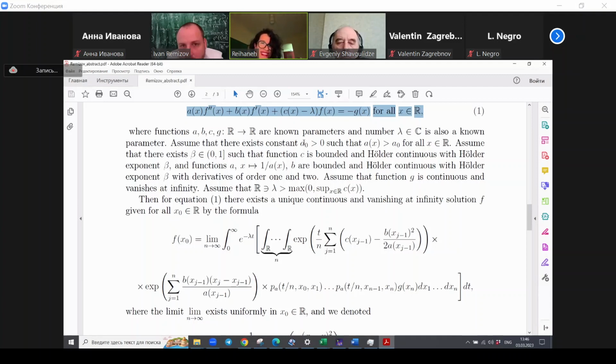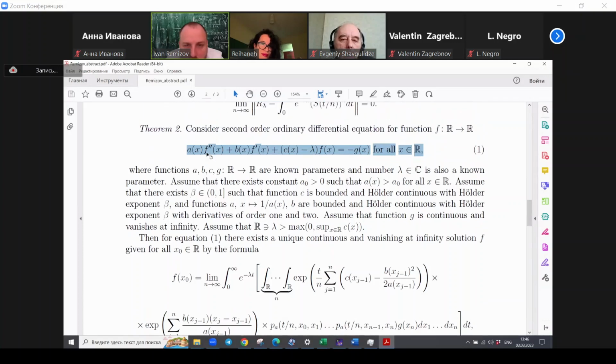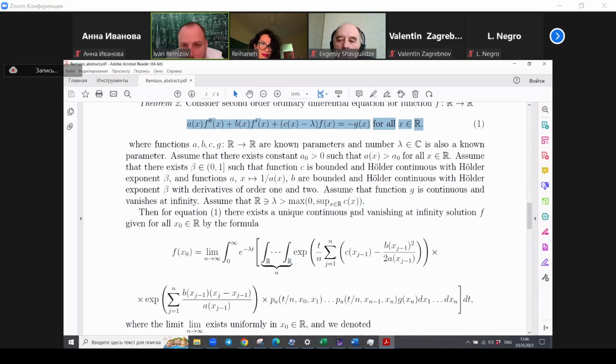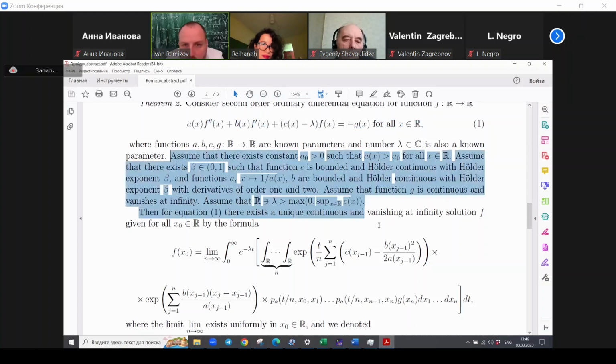Sorry. No, that's not a bad question. For me, functions are from some function space. Here we use a space of functions that are continuous and vanish at infinity, and I work in that space. And for coefficients, we have these restrictions, so they are very nice, no blow ups.